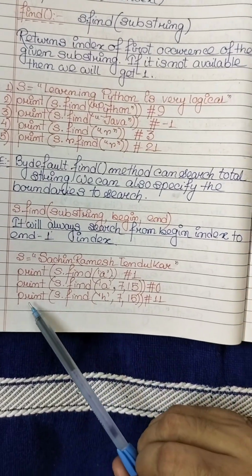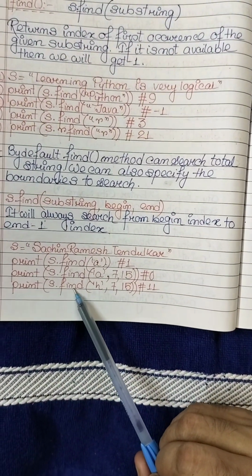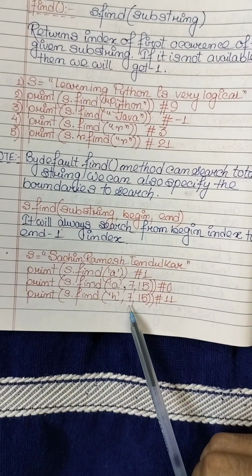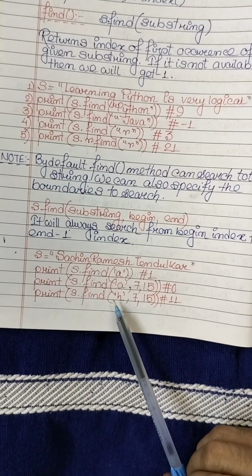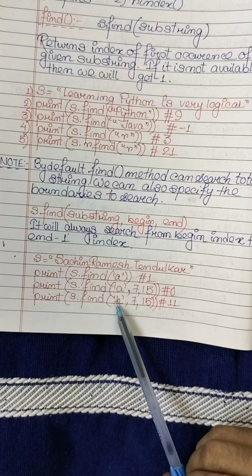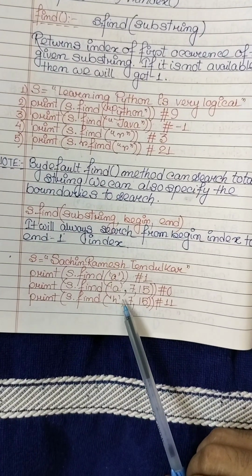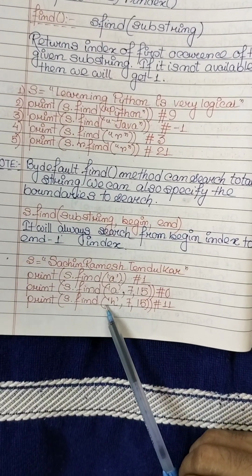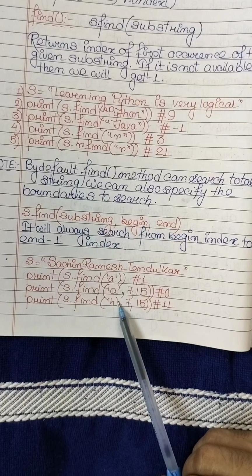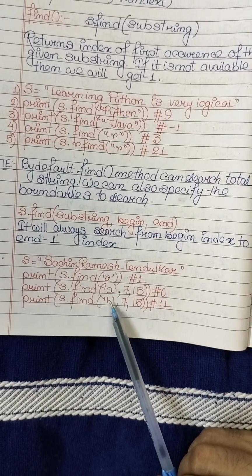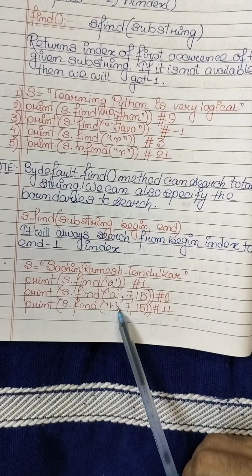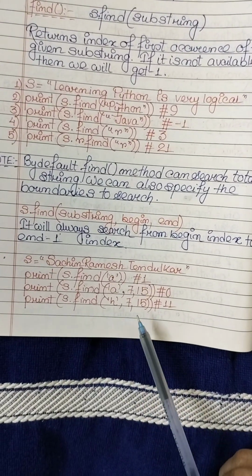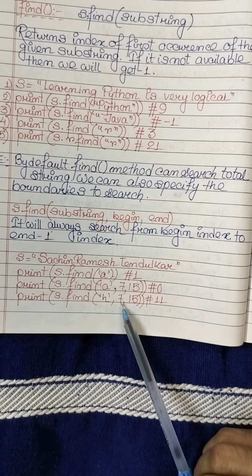Good. Print s dot find, and the substring "ch" should start and end with single inverted commas. This is the substring, and this is 7, 15.